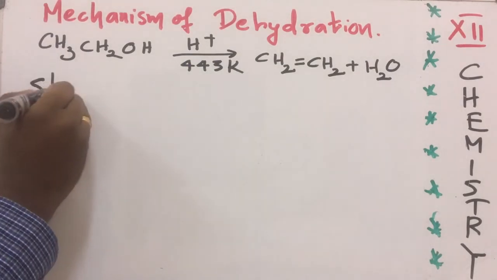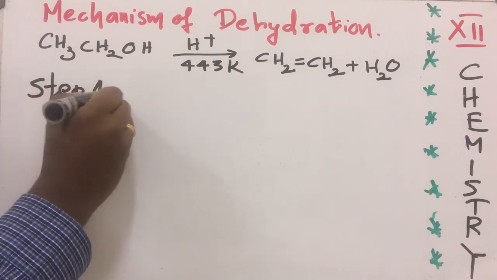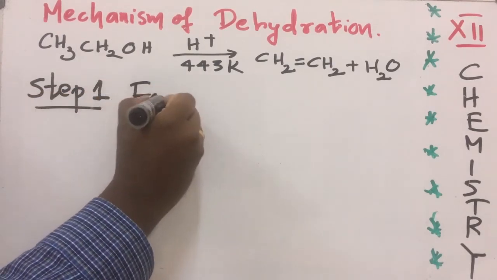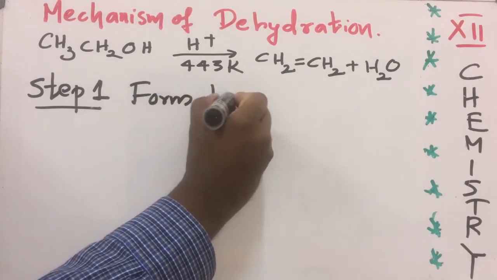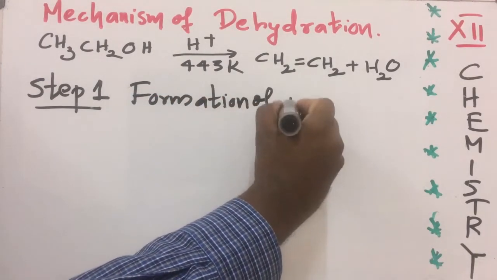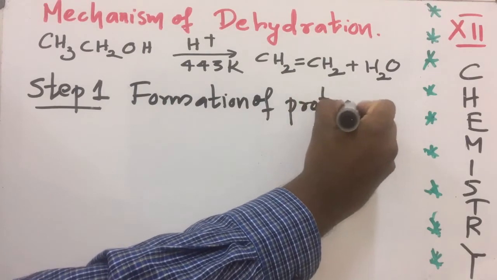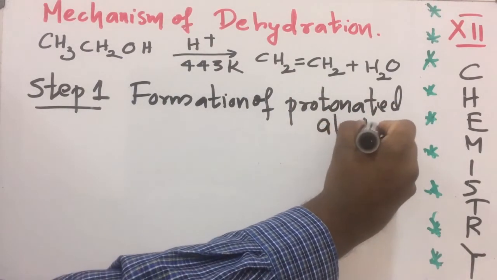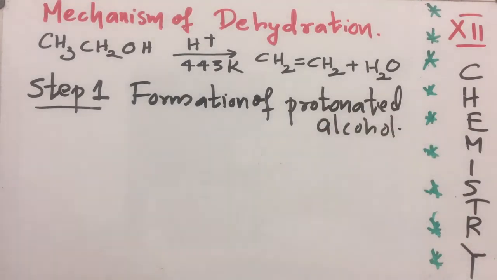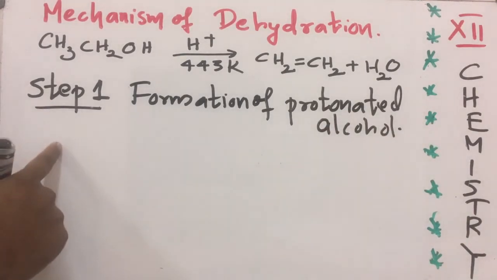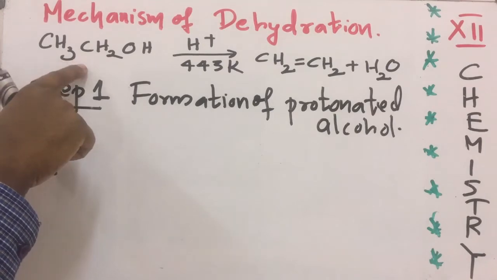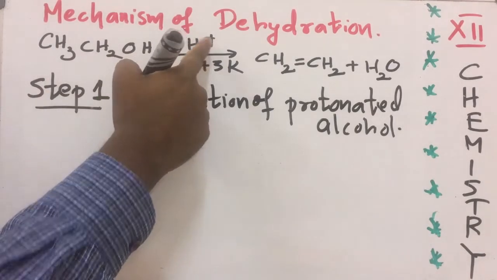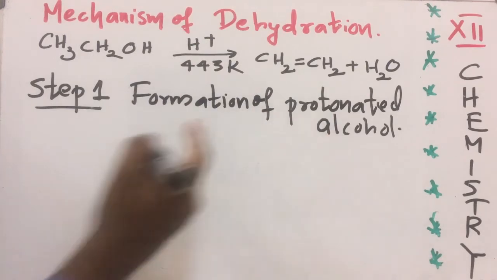Step 1 involves formation of protonated alcohol. In step 1, alcohol, here ethanol, reacts with H plus to form protonated alcohol.